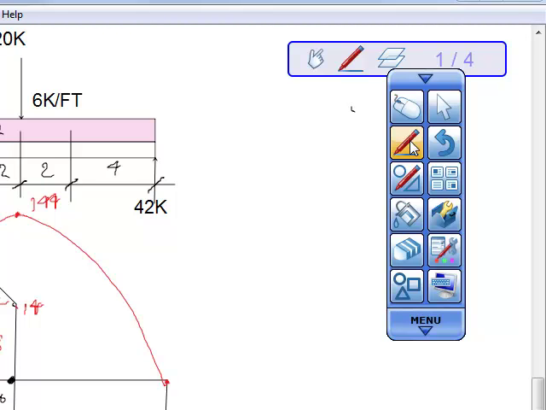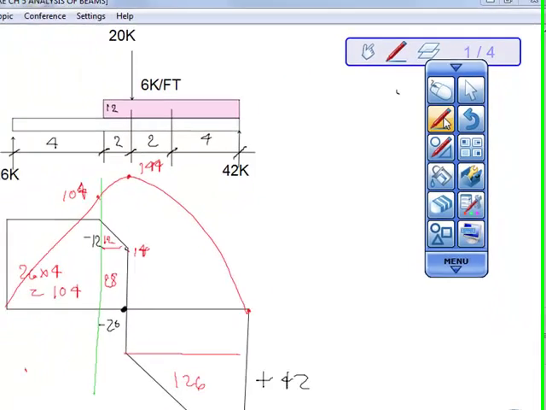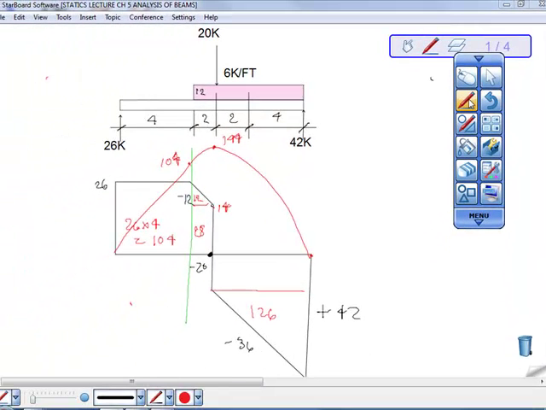So we came down in the shear diagram. It's minus 20. I see where we're messing up. The area of the triangle on the bottom is not 42 times 6, it's 36 times 6, because we already went down.